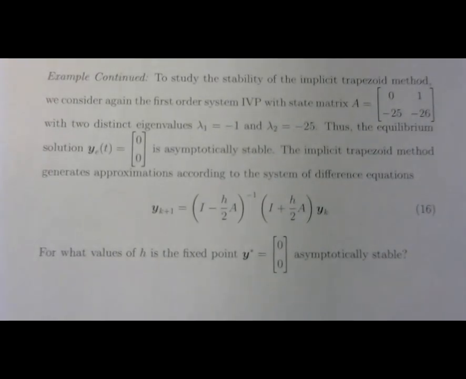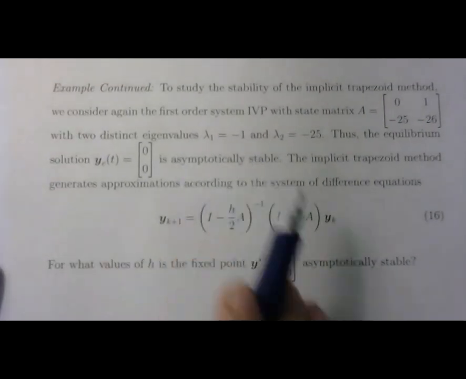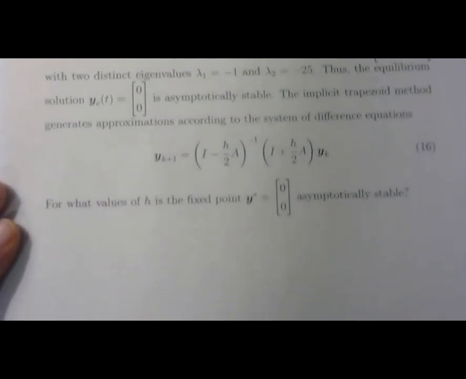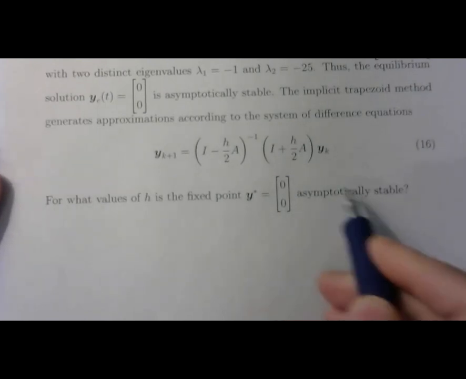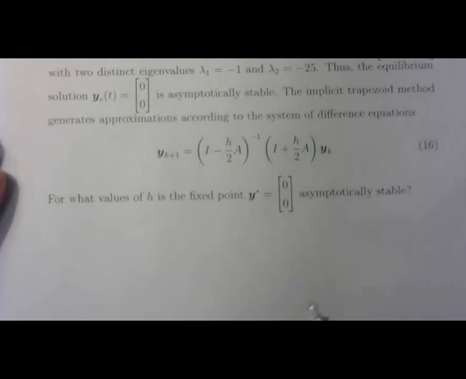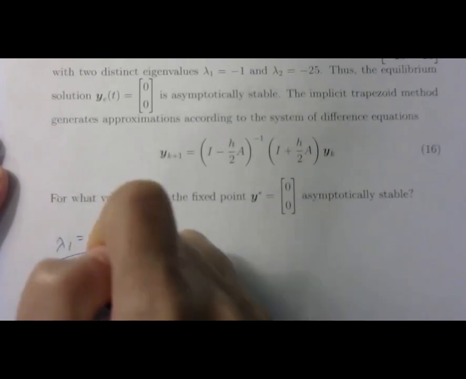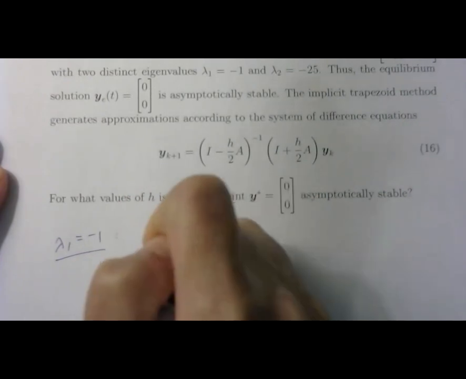So just like backward Euler, because this is an implicit method, it's what we call unconditionally stable. So again, same system here, same eigenvalues. Now I have this difference equation for implicit trapezoid. So what are the values of h that will give an asymptotically stable fixed point for the discrete time system? So when lambda 1 is minus 1, we know we are looking for what?